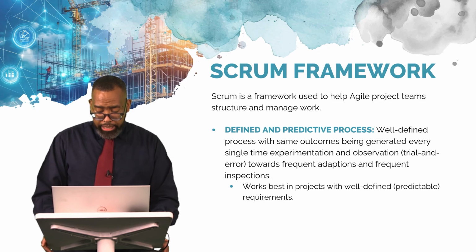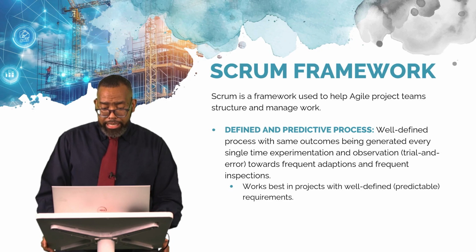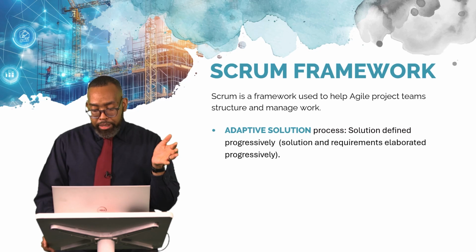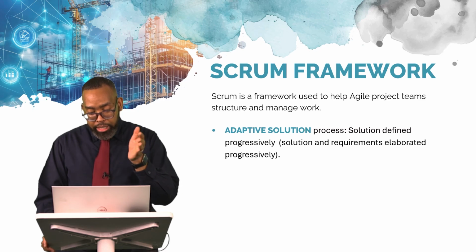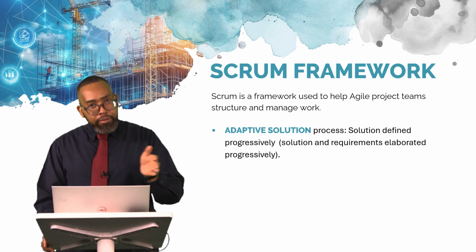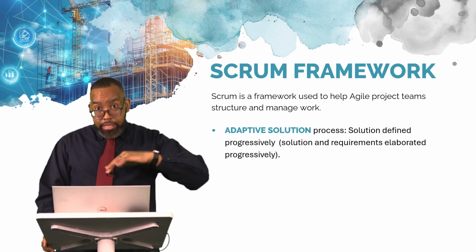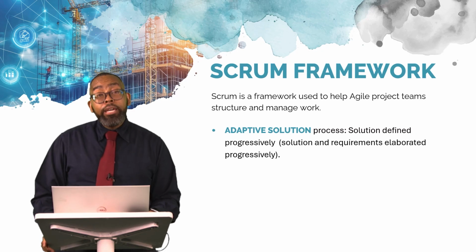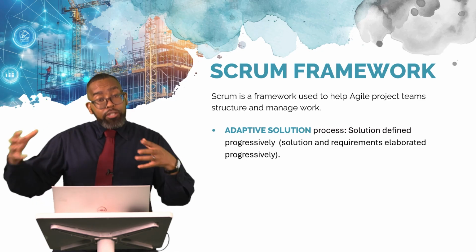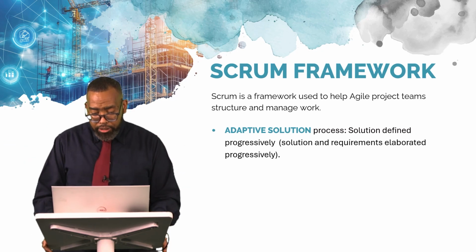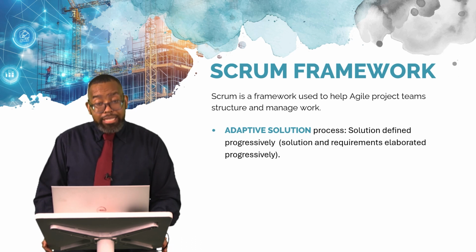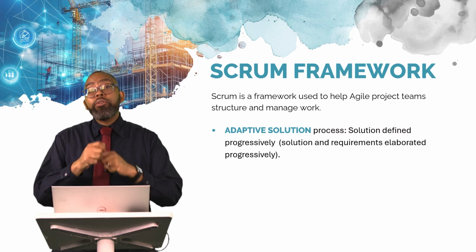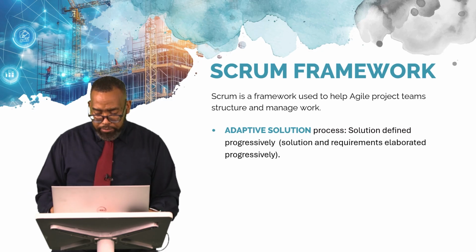Another important aspect about the Scrum framework is that it is an adaptive solution process. What that means is it is a process where the solution is defined progressively. The concepts that we learned about the Agile fundamental processes in Study Unit 1 will start featuring throughout each of the study units. So Scrum is an adaptive solution process, which means that the solution and the requirements are progressively refined.